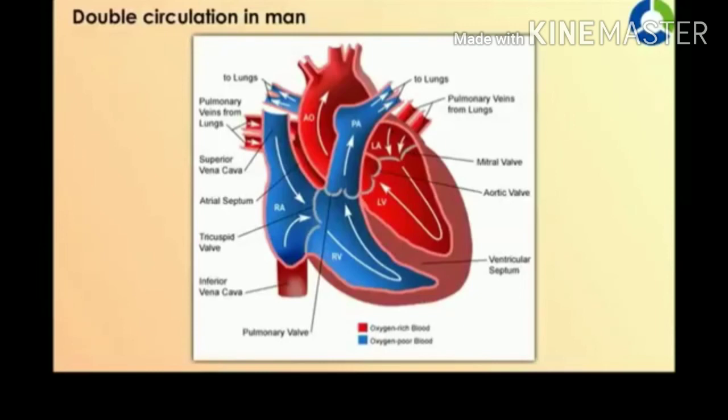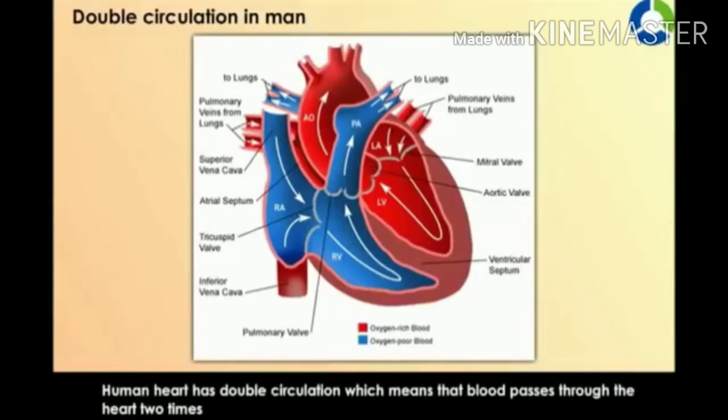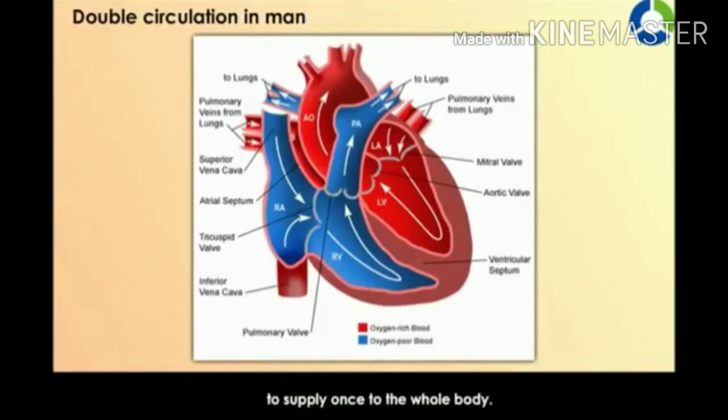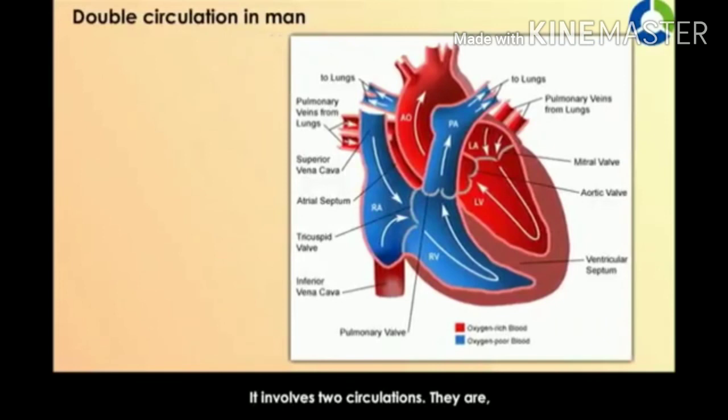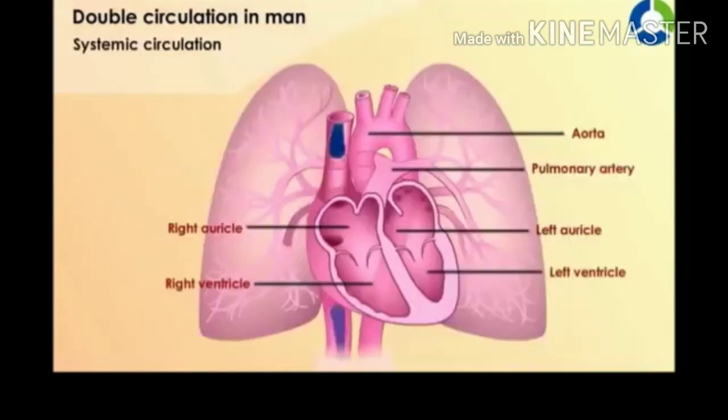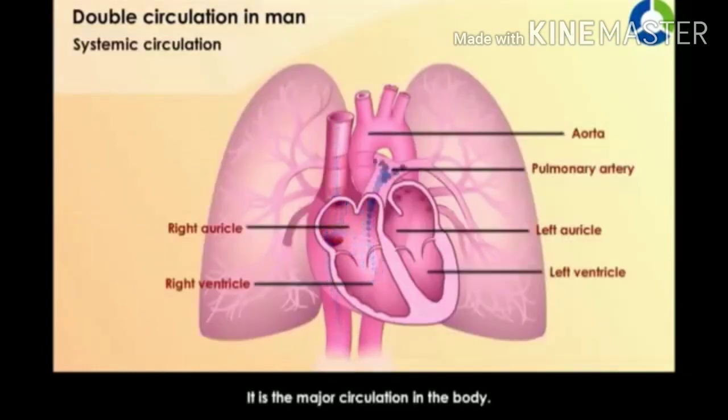Circulation in man. The human heart has double circulation, which means that blood passes through the heart 2 times to supply once to the whole body. It involves 2 circulations: systemic circulation and pulmonary circulation. Systemic circulation is the major circulation in the body.